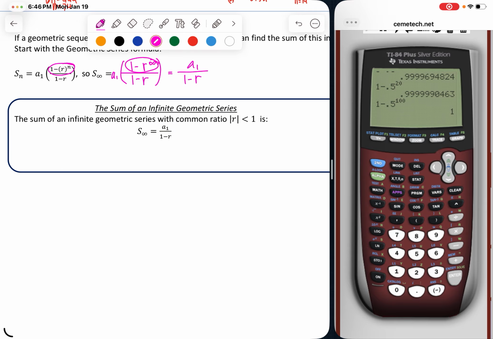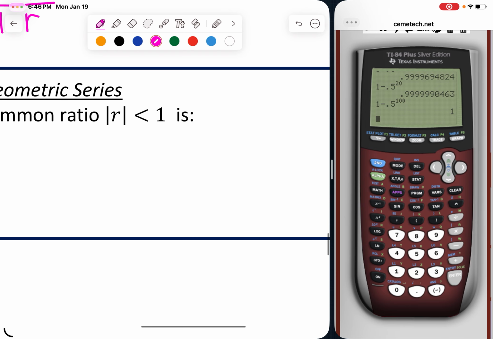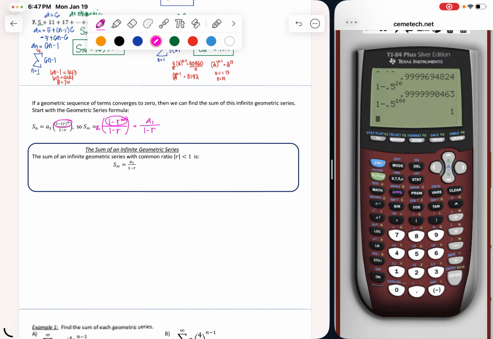Now, that is if the absolute value of r is less than 1. So what we have to keep in mind is, what if it's not less than 1? What if it is greater than 1? Think of numbers greater than like 2, and we'll get to that in a second.